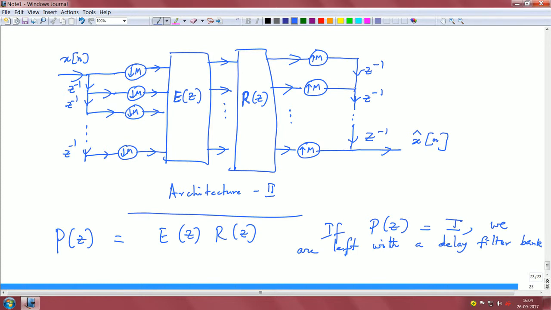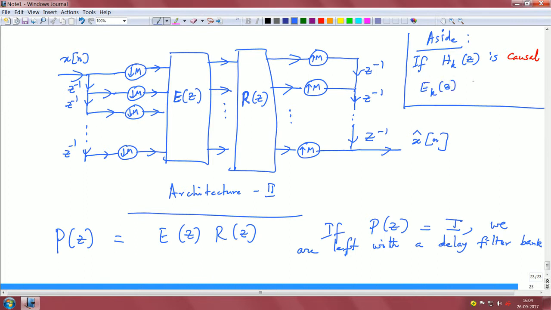So, these are questions that one can ask, and aside, one has to note that if Hk of z is causal, causality is also very important here, then Ek of z is also causal.